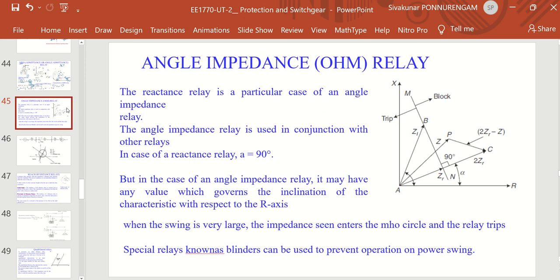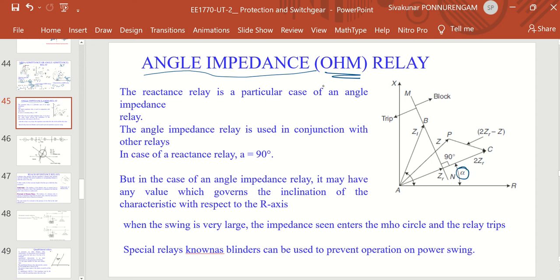So the next one is the angle impedance relay, the angle based impedance relay, which is an ohm based relay. The reactance relay is a particular case of the angle impedance relay. The reactance relay is also called the angle impedance relay because of this angle alpha.